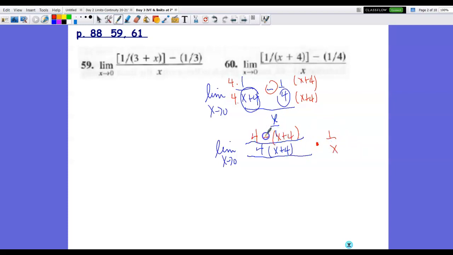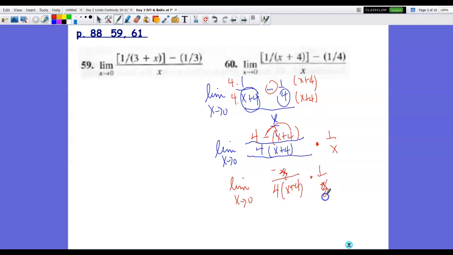All right, now comes algebra time. I'm going to distribute, and the 4 minus 4, when you distribute that negative, makes 0 again. You get a negative x in the numerator over 4 times x plus 4 times 1 over x, and you can see that we have another removable discontinuity.